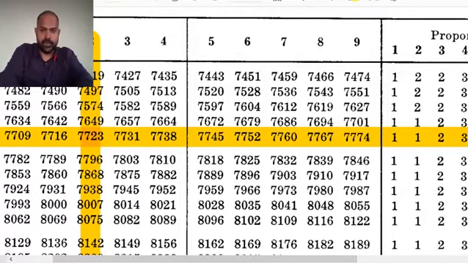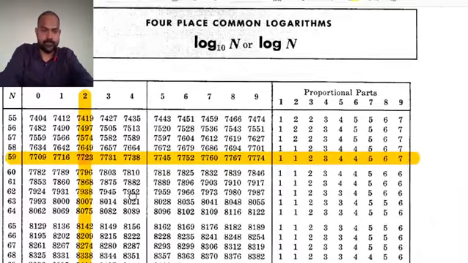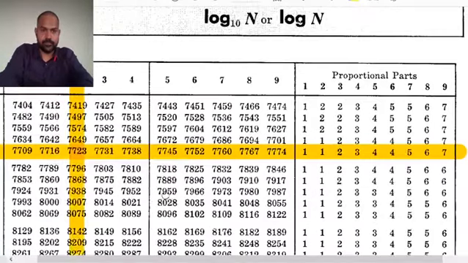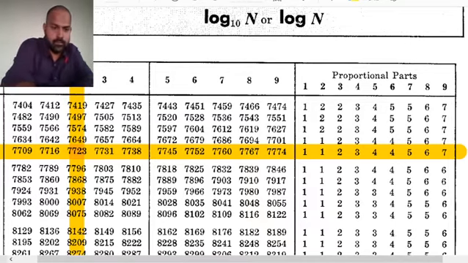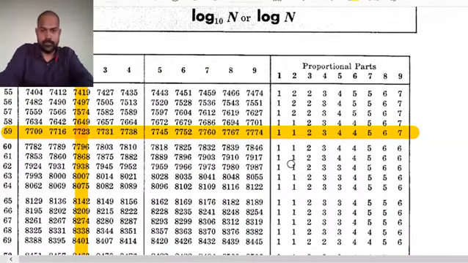Let me unzoom that a little. So 59.2 is 7723. Let's write that down.